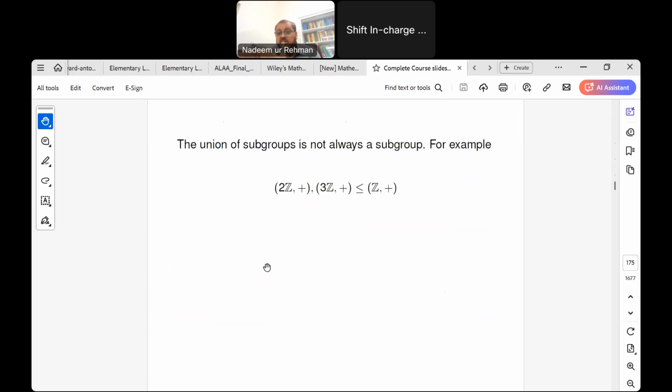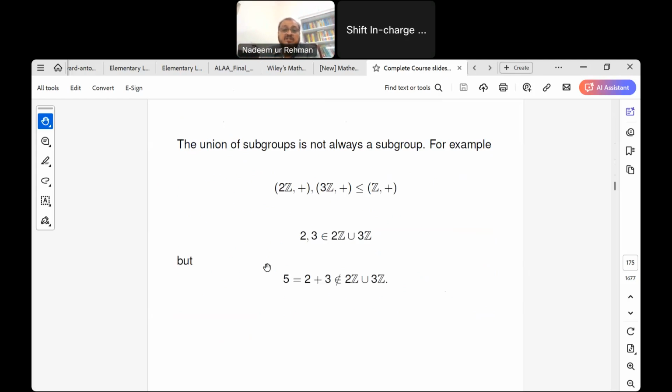If we take 2Z and 3Z, they are clearly subsets of Z under addition, and clearly subgroups. But if we take the union, 2 and 3 are elements of the union, but 5 is not, so it's not closed under the binary operation.